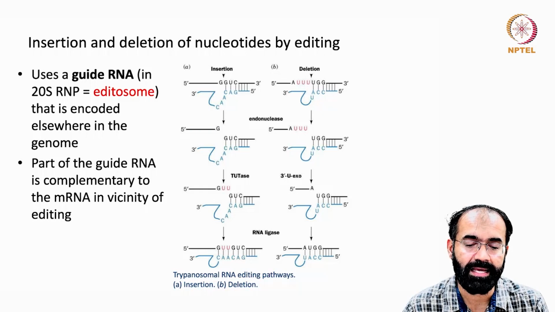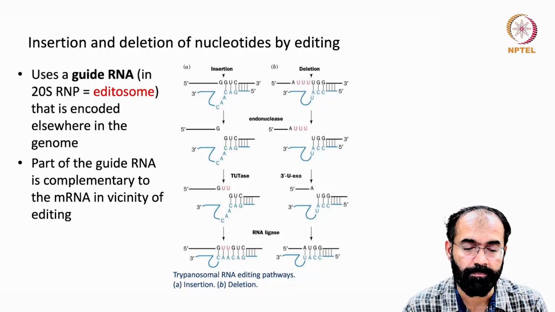And now this A and this UGG that was already there in the previous pairing come in contact and create a continuous pairing, AUGG. Earlier it was UGG only, this A was not participating. These three U's were not participating in pairing. Of course, there is downstream pairing here, but that is not participating in any of this modification reaction.